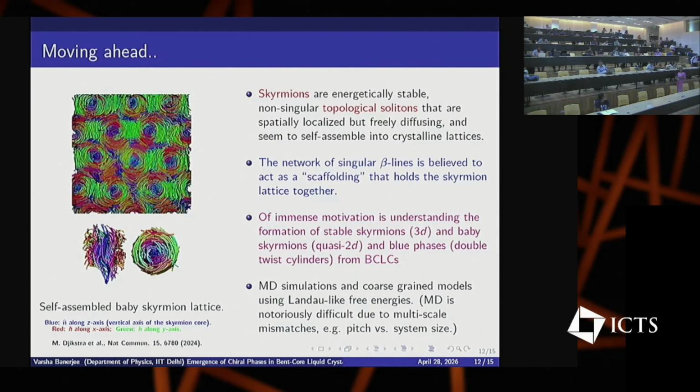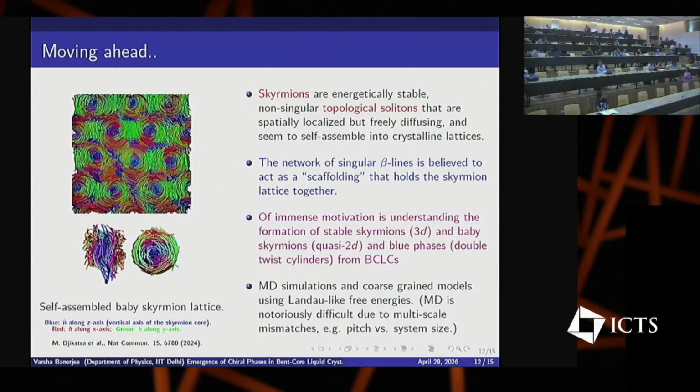These are very unusual structures. The bent cores will align in the form of a structure like this. What is unusual here is that the polarization vector at the bottom points in a particular direction, but as you come up, it points in the opposite direction.